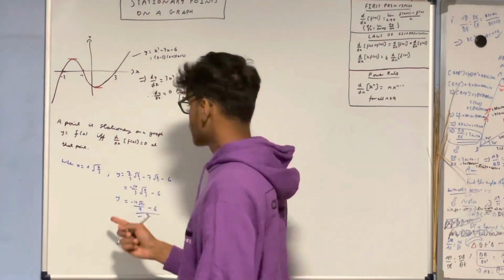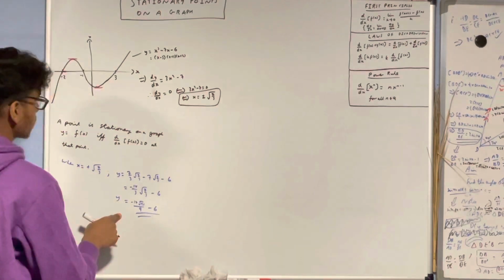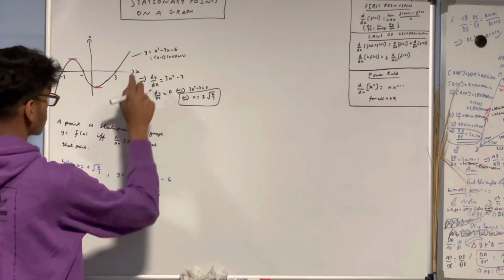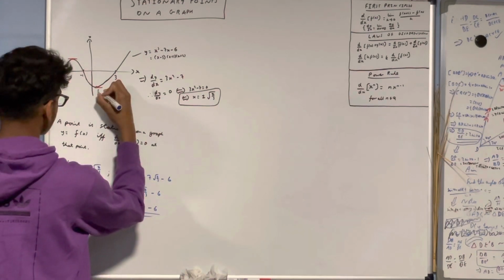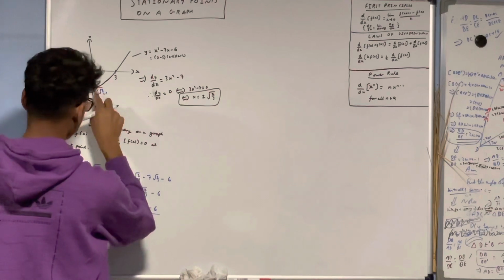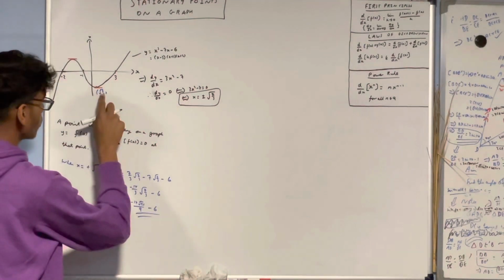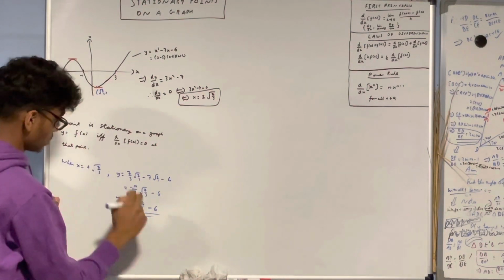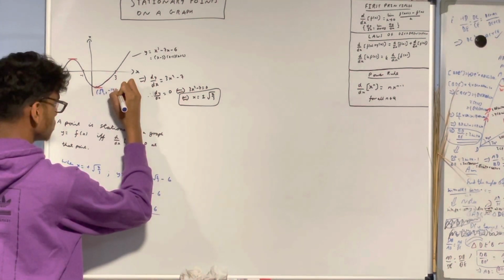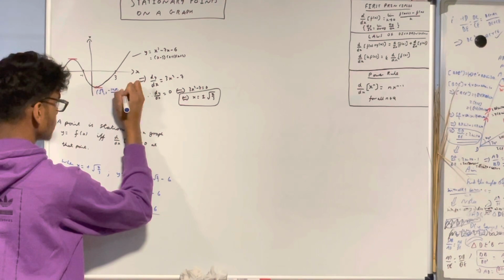So as we can work out the y value by plugging this positive square root of 7 over 3 into x, we can see that this stationary point has the coordinates square root of 7 over 3 and minus 14 square root of 21 over 9 minus 6.